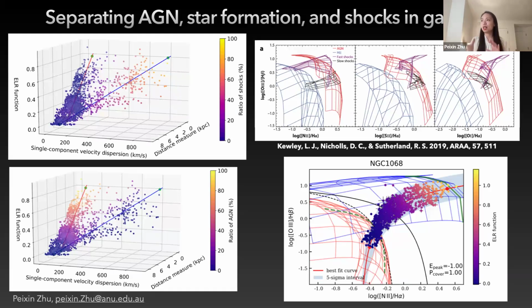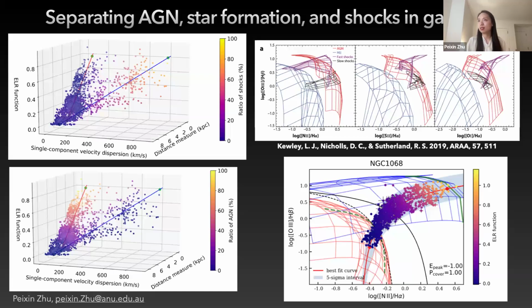Instead it represents an activity where a violent jet comes out from the galaxy center and interacts with the surrounding ISM, the interstellar medium in the galaxies. At the interaction phase, this kind of shock happens. So shocks are an independent excitation source, independent from the AGNs and star-forming regions, and yet can cause confusion in our studies.